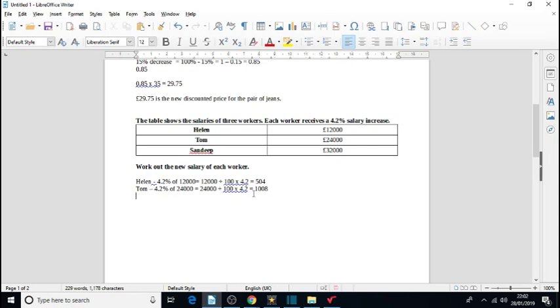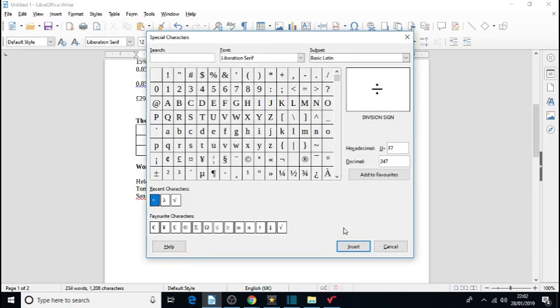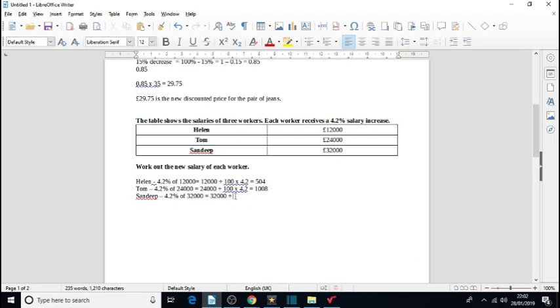And then Sandeep, 4.2% of 32,000, that's his salary, is equal to 32,000 divided by 100 multiplied by 4.2, and you get 1,344. So these are the values of the 4.2% salary increase.